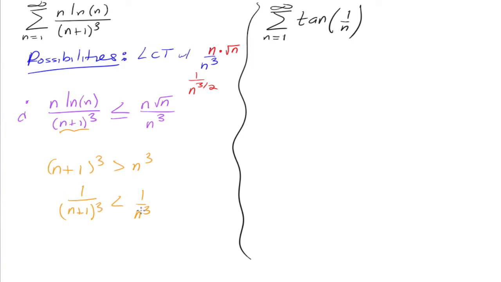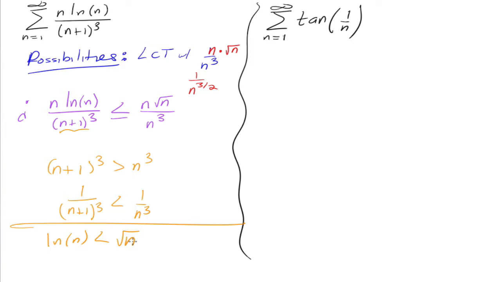So that part's okay. The n's are the same, so what we really need to know is, is ln of n less than square root of n for all n greater than or equal to 1? If we can show that, then we're good to go.